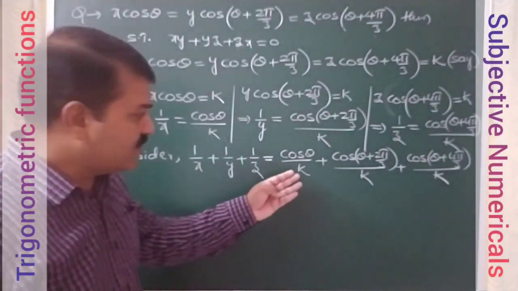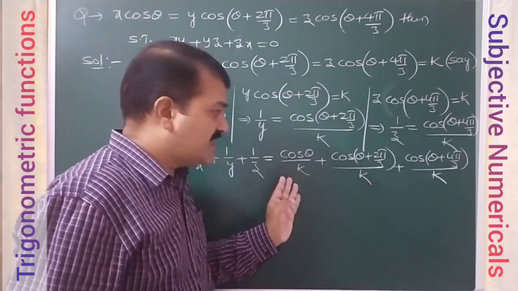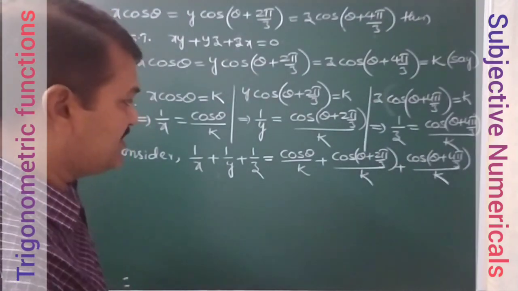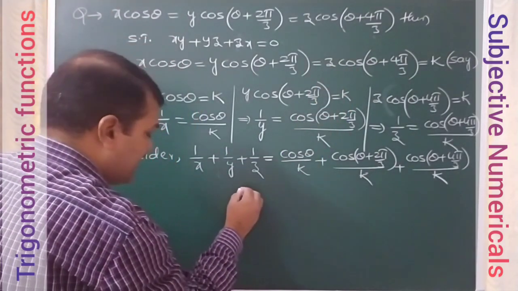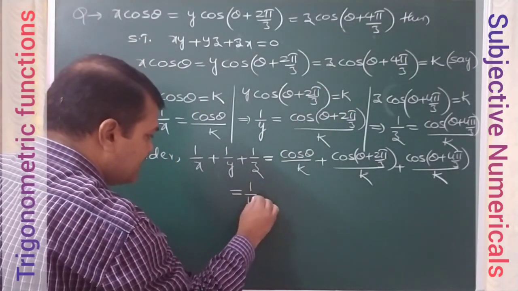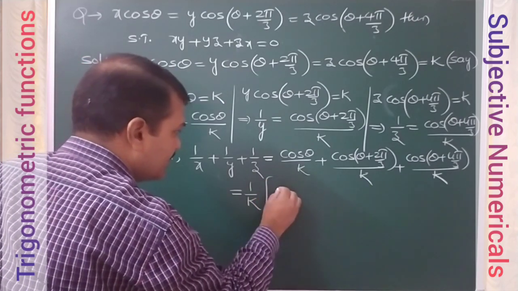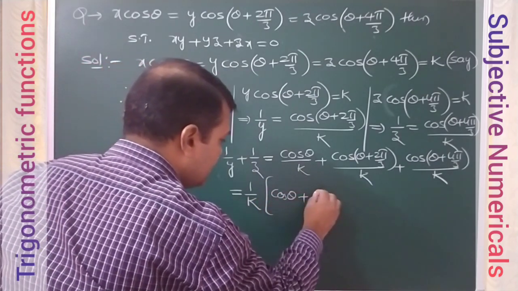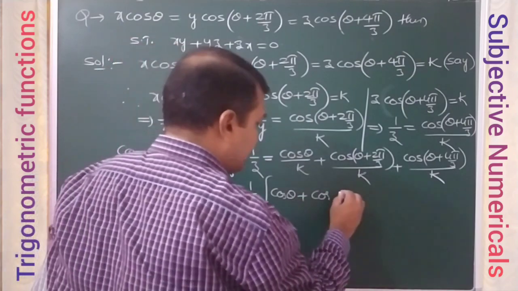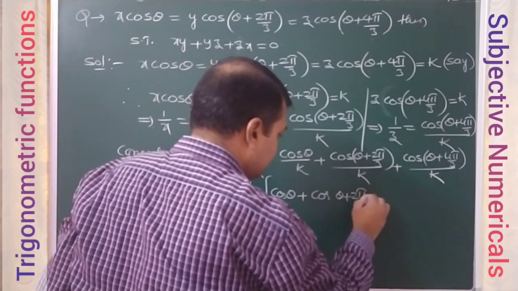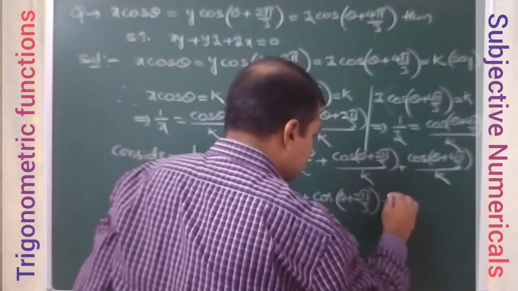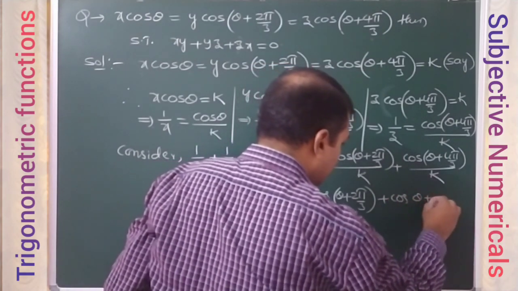Now you can see all terms have the same denominator. Simply we will add the numerators. So I can write this as 1 by k common, cos theta plus cos of theta plus 2 pi by 3 plus cos of theta plus 4 pi by 3.